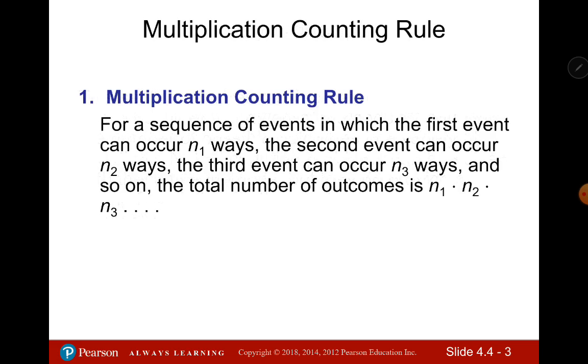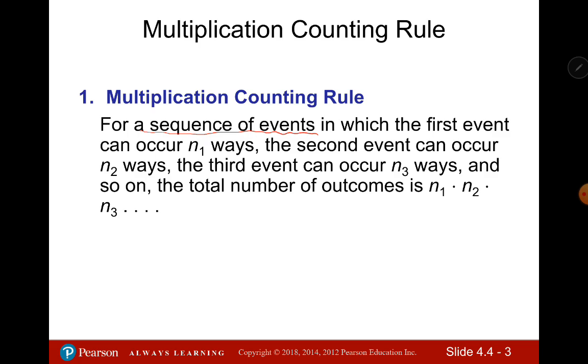First, we call it the multiplication counting rule. It's not the same rule as the multiplication rule in probability. This is just the counting rule. Okay, let's talk about what the multiplication counting rule is.